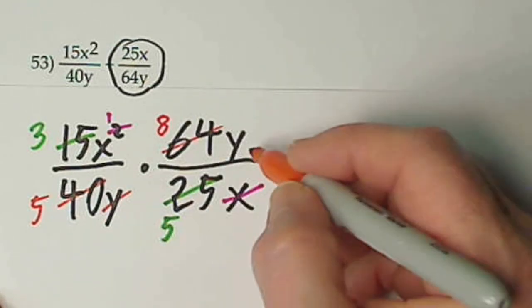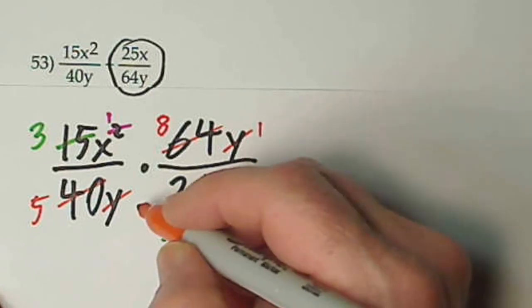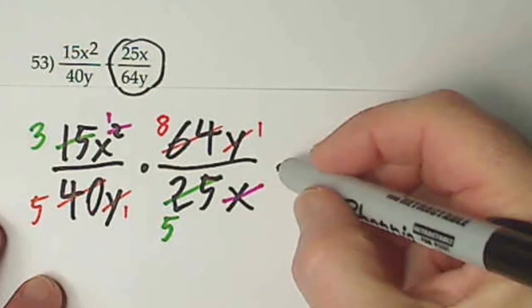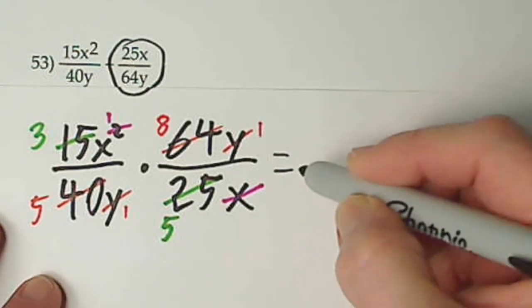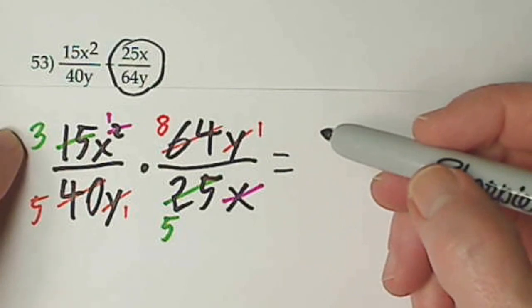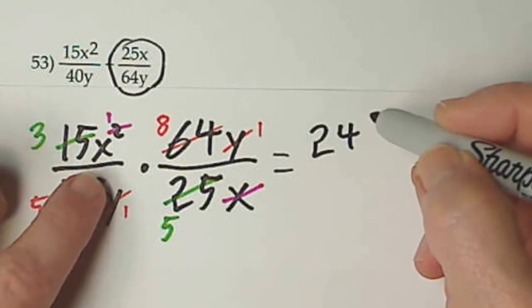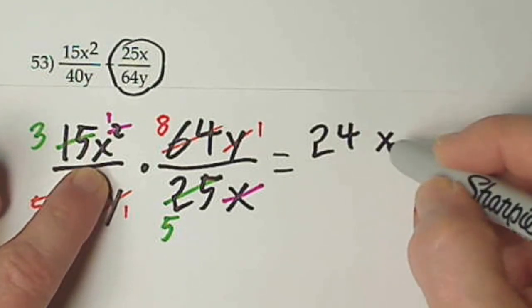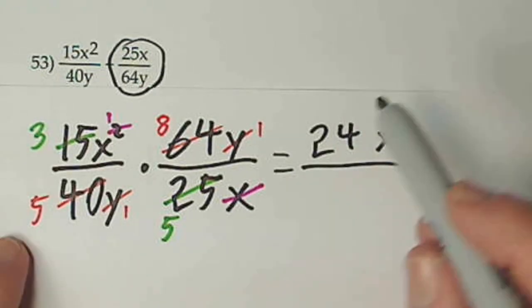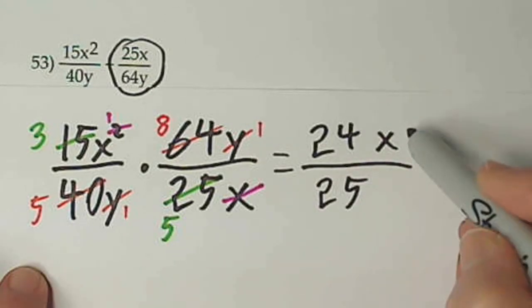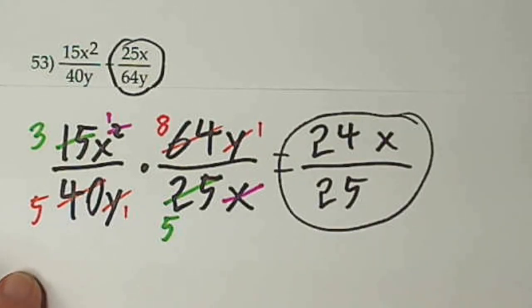And y goes into y once. So those become 1s. Since we're multiplying, you don't really have to pay attention to them anymore. Okay, so 3 times 8 is 24, and this x is still hanging around up here. And then you have 5 times 5. All right, so that's our solution to number 53.